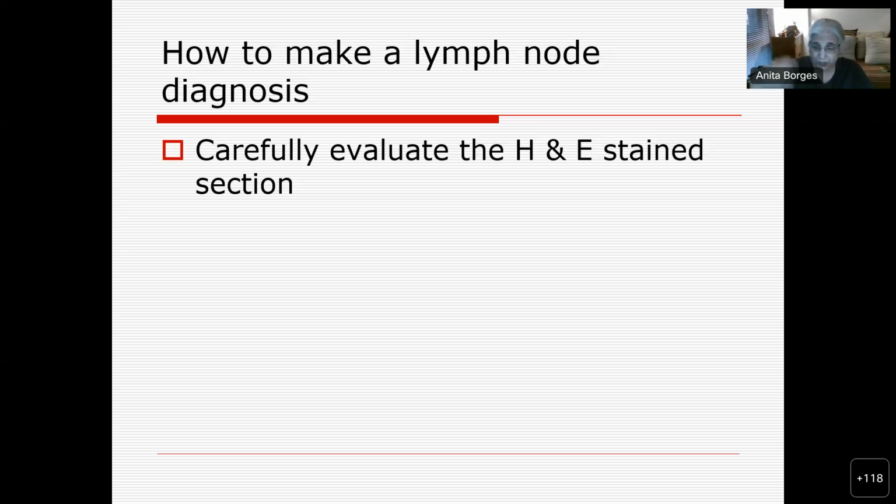I don't want to get into all of this, because then it just goes on and on. But if you have a swollen lymph node, try to cut it like you would cut a bread loaf, or how you would slice a potato, longitudinally. So you go perpendicular to the long axis if you've got a swollen lymph node.